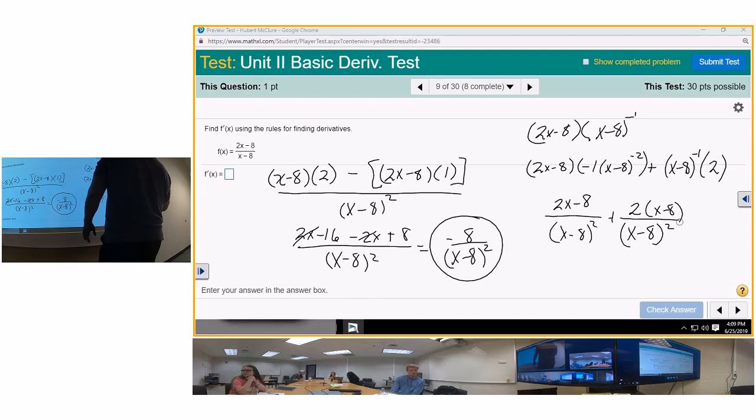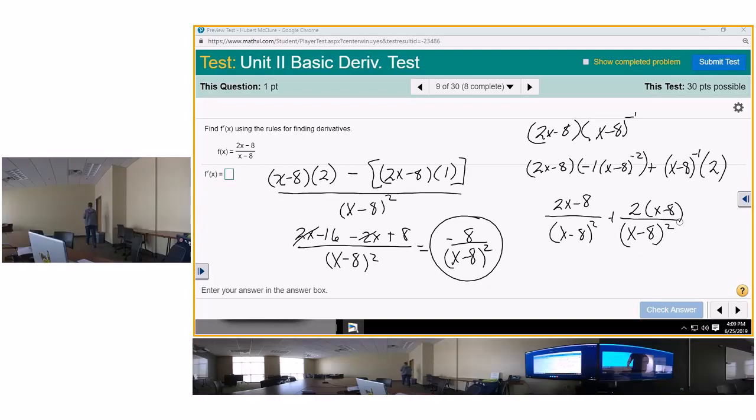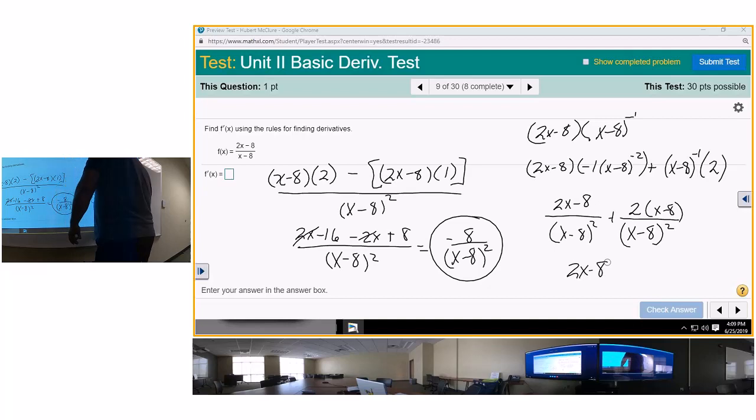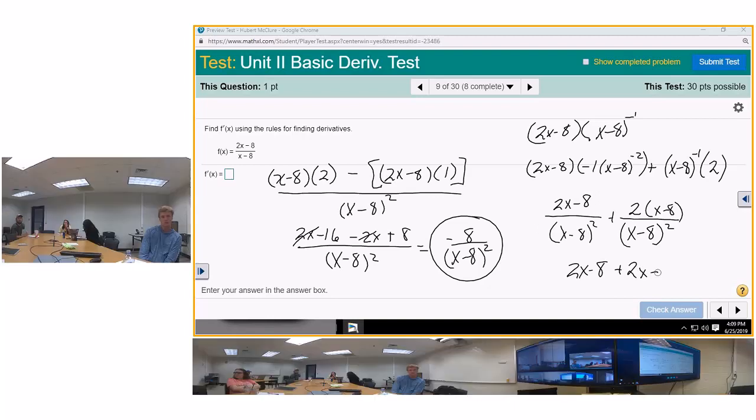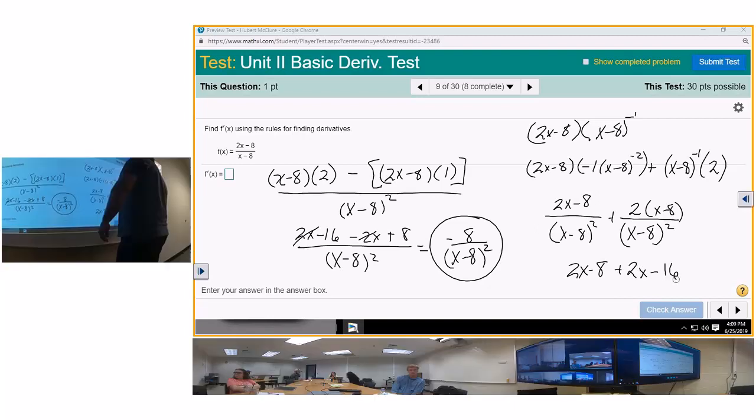First time. Go ahead. There's supposed to be a negative. You didn't take the derivative of the inside. Yeah, there's supposed to be a negative. Somebody tell me where my negative went.